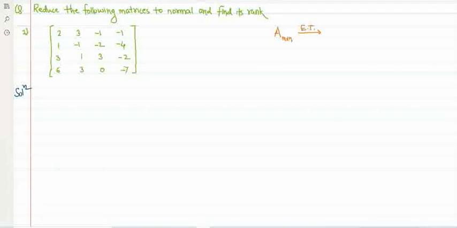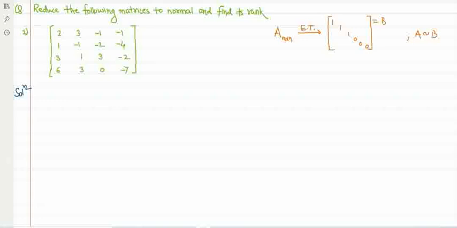And there is a standard procedure how to apply that elementary transformation. Now, when you apply elementary transformation, you will get a new matrix which is equivalent to A. Suppose this is B.